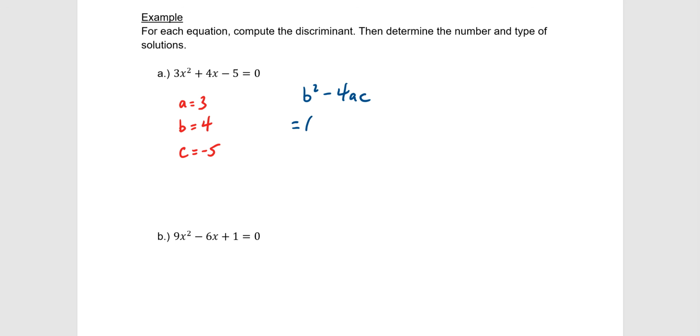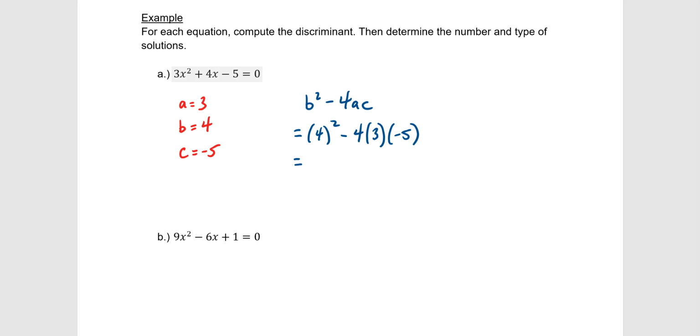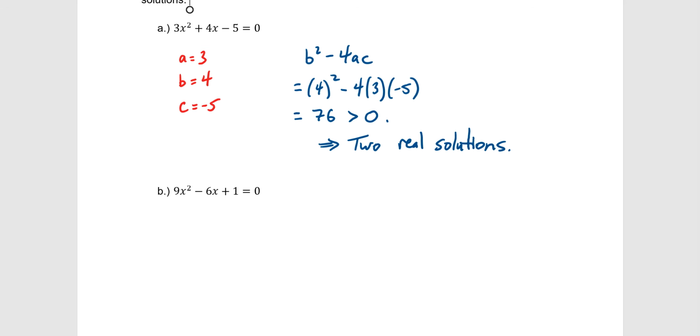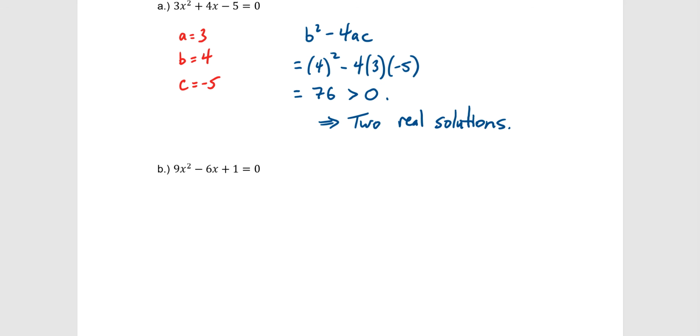So we plug everything in, we get 4 squared minus 4 times 3 times negative 5, and this is going to equal 76. So this is obviously positive. And since it's positive, if we went and solved this using the quadratic formula, we would get 2 real solutions.